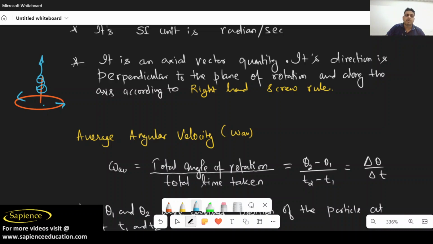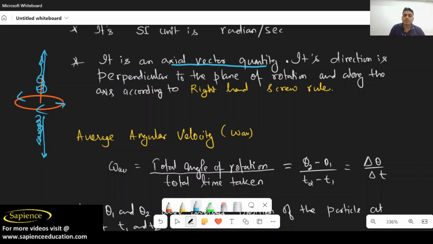And if you go in reverse, it will come in the downward direction. This type of thing is known as an axial vector, because it is acting along the axis. It is coming upward or coming back downward. Okay, by using the right hand thumb screw rule we can use this.